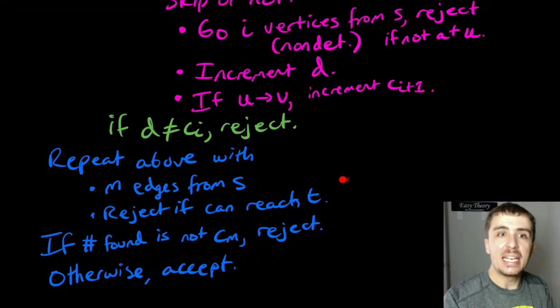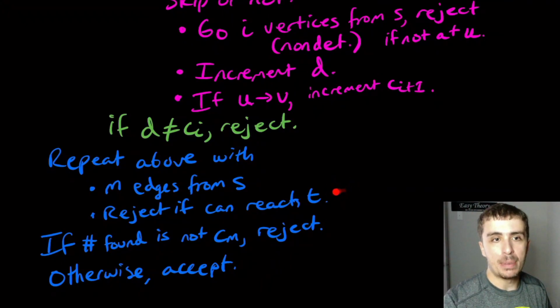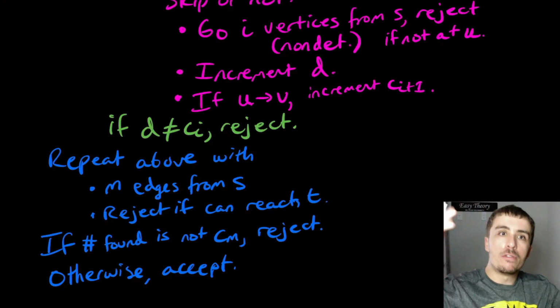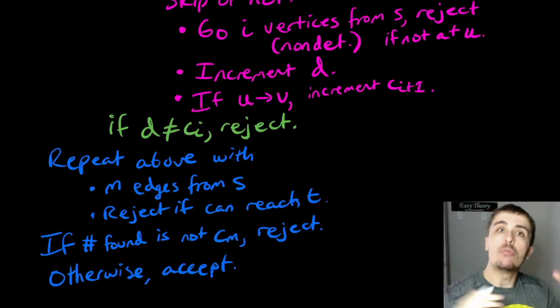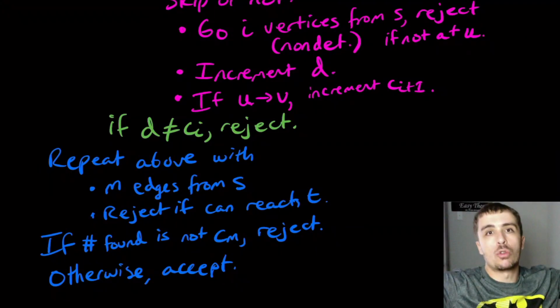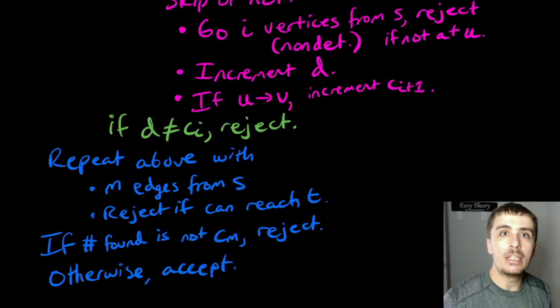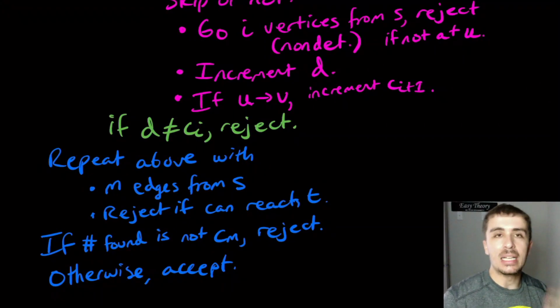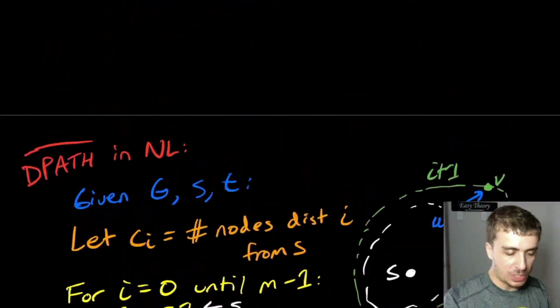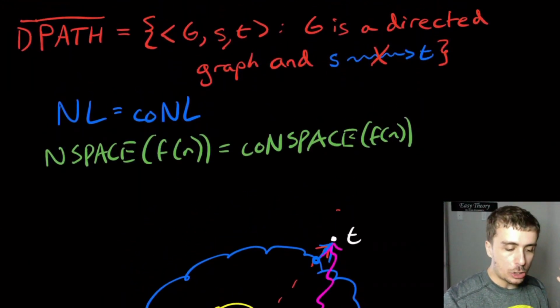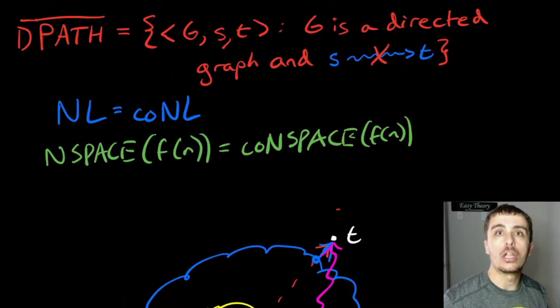If s is connected to t, we must hit this step, because in order to even get to this, we must have verified the number of vertices that we can see, which is in principle exploring the whole graph. And so that's the Immerman-Szelepcsényi Theorem, which says that NL is equal to coNL, and more precisely, that non-deterministic space classes are closed under complement.